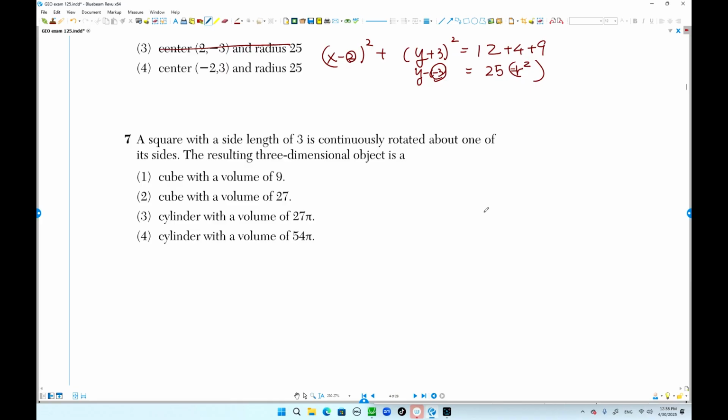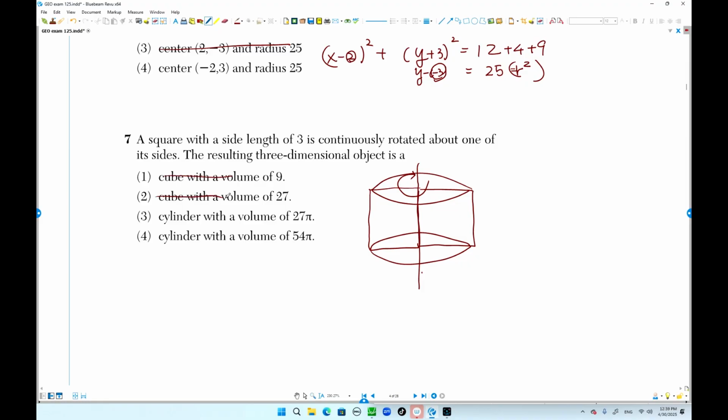A square with a side of length 3 continues to rotate. Okay, I'm going to use this. This is a square. One side rotates over here, right? But what does it look like? A cylinder, isn't it? It's a cylinder.